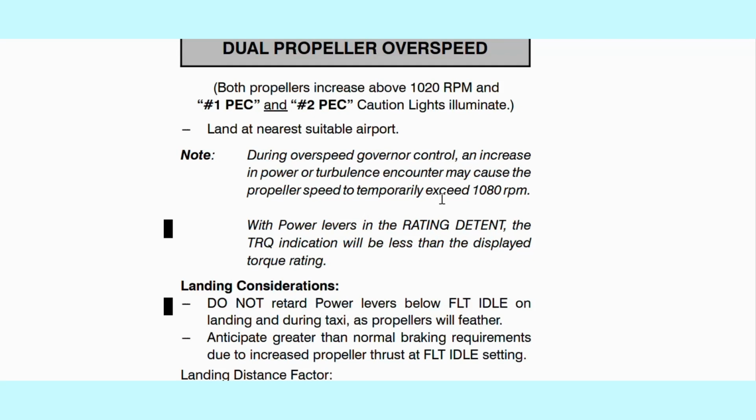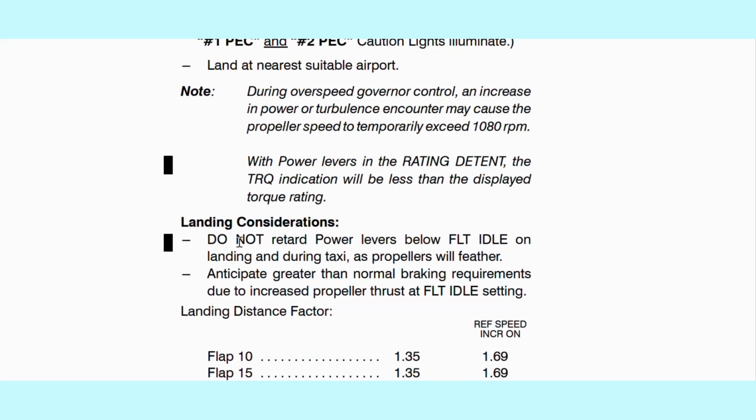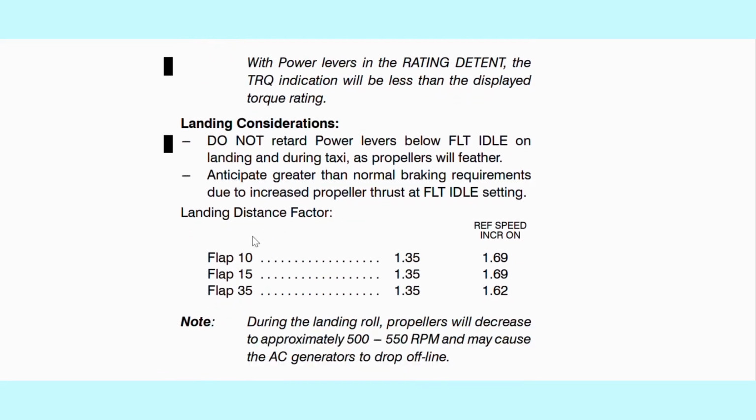This distance factor here, basically what you do is you take the runway length that you're going to land at and multiply it by these numbers, and then you check if you are fit to land in that distance. That's what it means. If the runway is long enough, there's no point in applying these factors, but if you think, let me see, if I apply, let's say, a factor of 1.35, meaning multiply by the runway length, am I getting enough length to land?